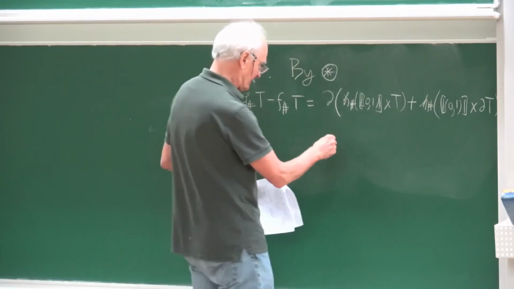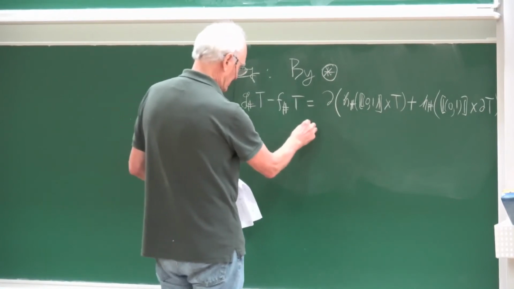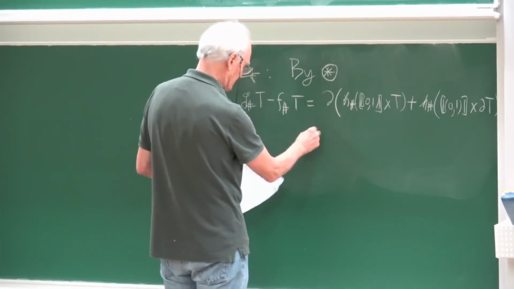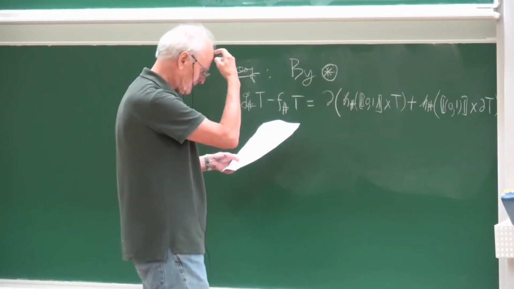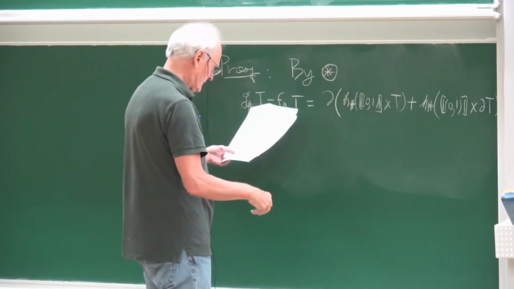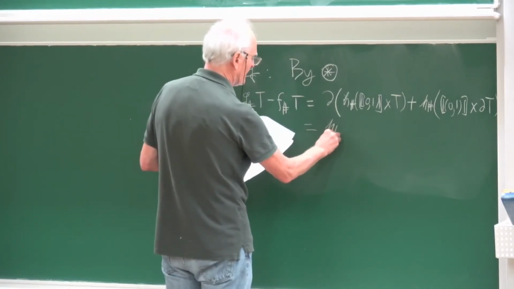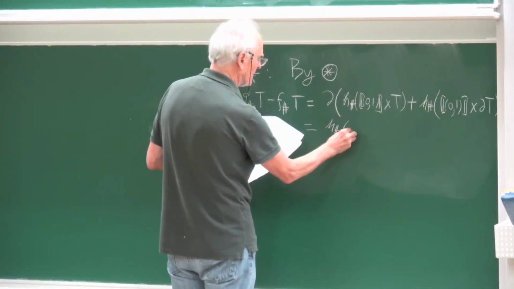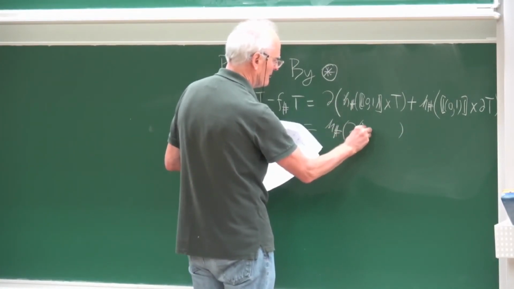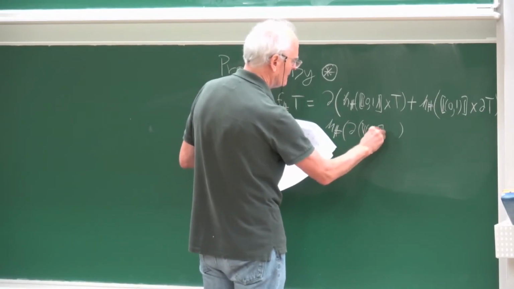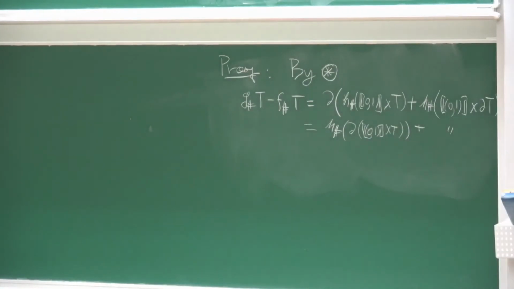Now we can write this as the same as H sharp of the boundary of this, remembering that H sharp and the boundary commute, plus this term. And now we use this mass bound.